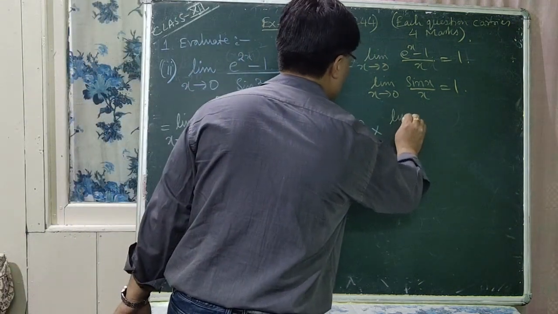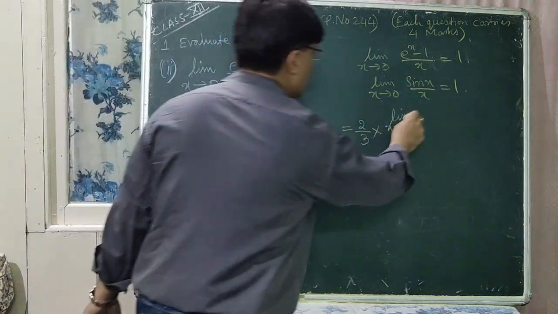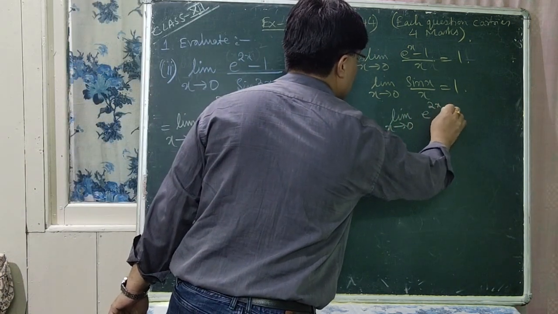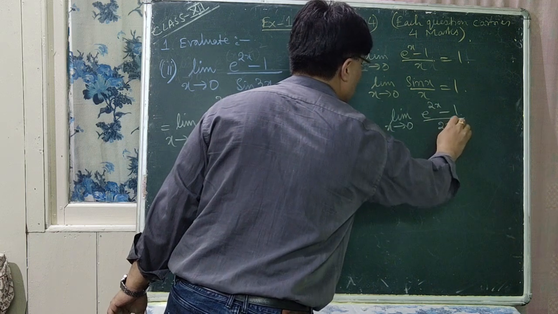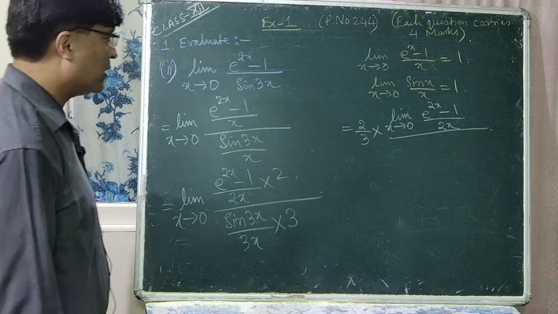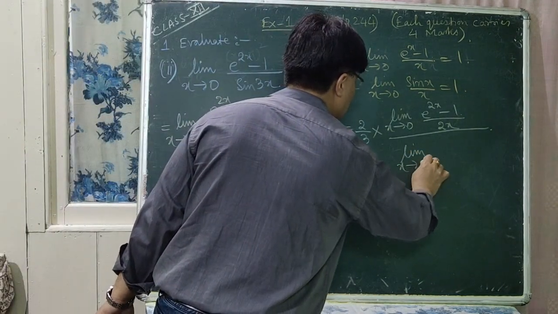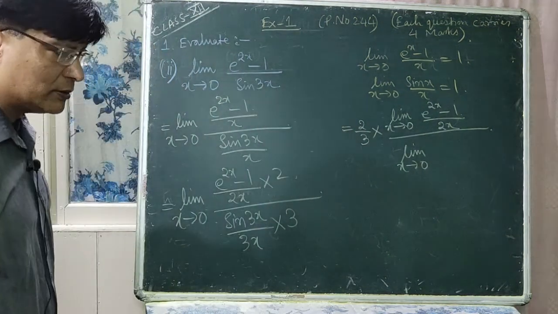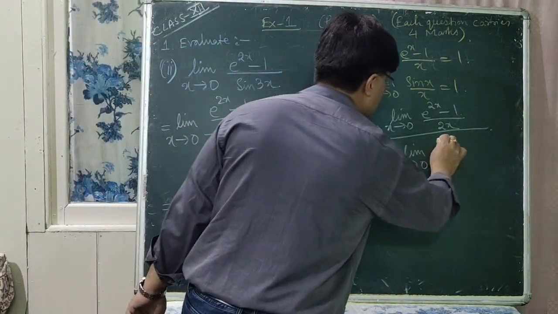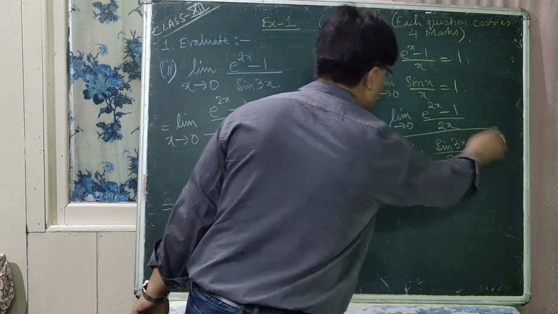So you should write here limit x tends to 0, (e to the power 2x minus 1) divided by 2x, this whole divided by limit x tends to 0, sin 3x divided by 3x.